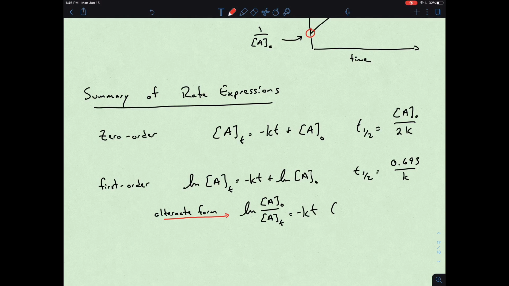Now we take the natural log of that ratio, and this is often used when percents are present, like what percentage of this molecule is left over, or something of that nature. So we do have an alternate form of our first order process.